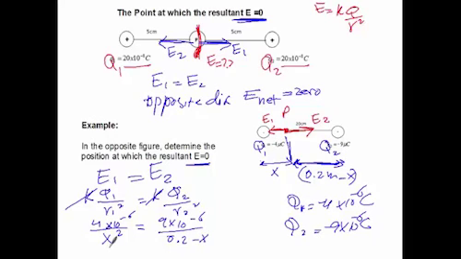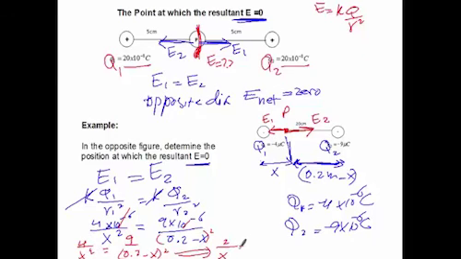Now we want to find the value of x. The 10 to the minus 6 cancels, and we are left with 4 divided by x squared equals 9 divided by (0.2 minus x) whole squared. From here we can take the square root of each side. The square root of 4 is 2, over x.